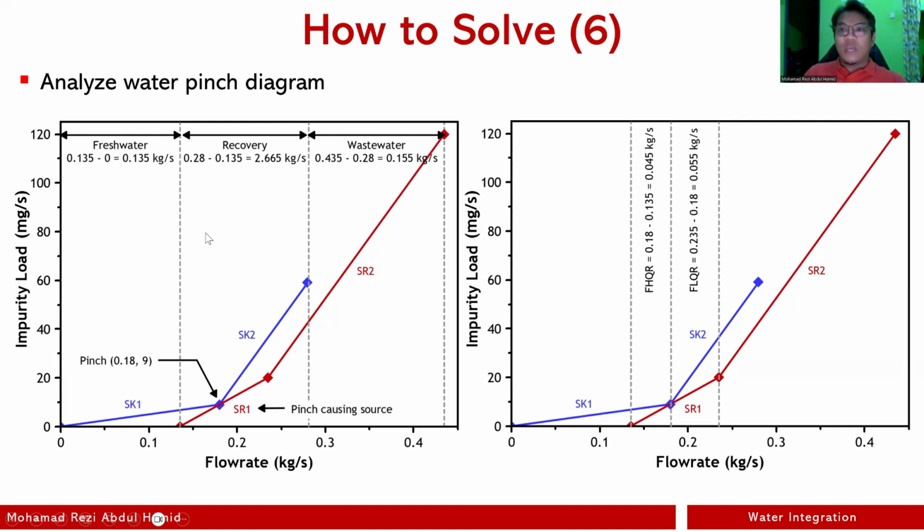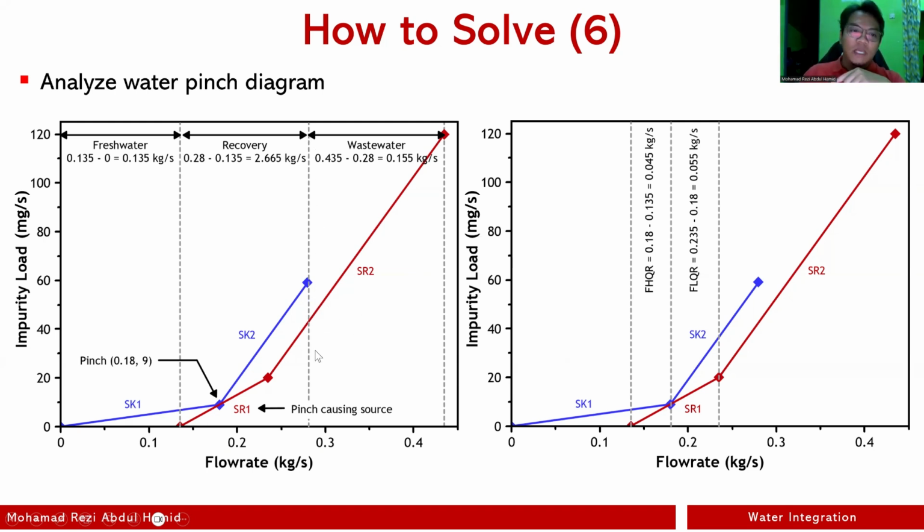To find out the freshwater, just find a point where it only has one line, which is the blue line. So you create a kind of vertical line. This is considered a freshwater region because it only has one line. For the wastewater, you also find a region where it only has one curve. In this case, it should be the red curve.